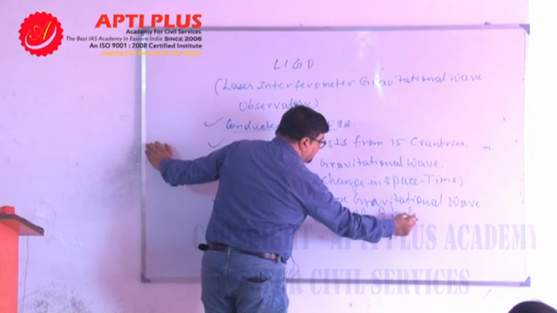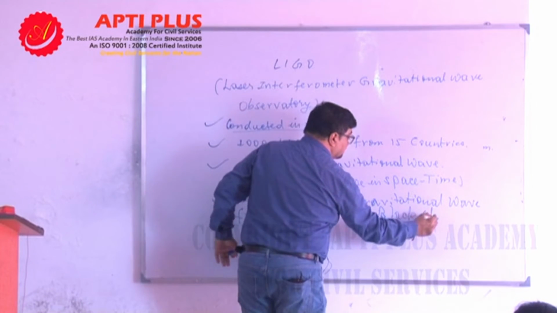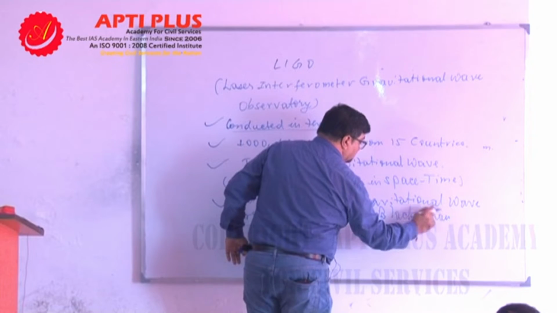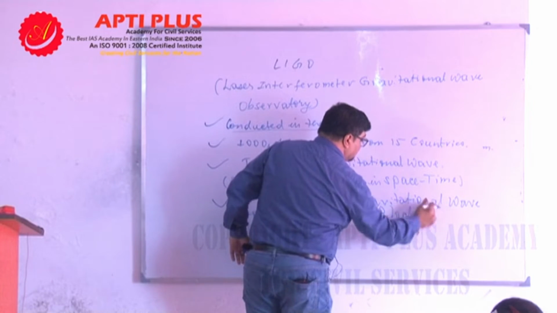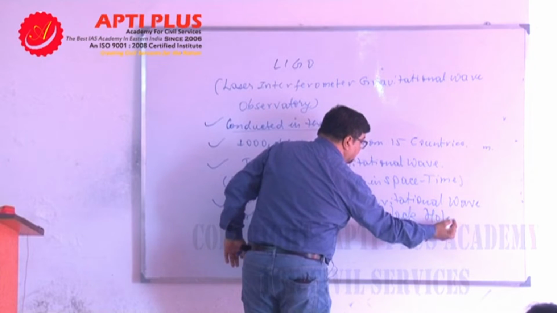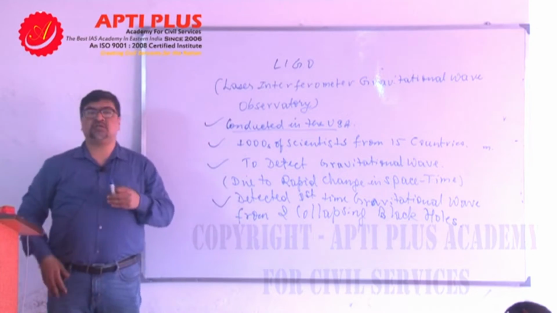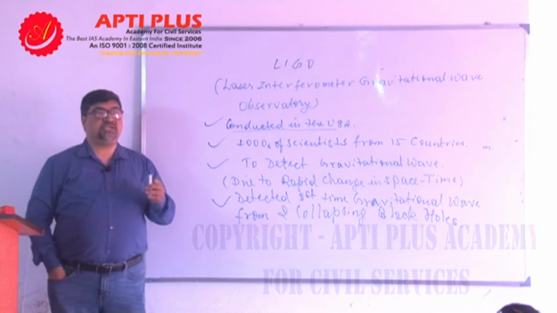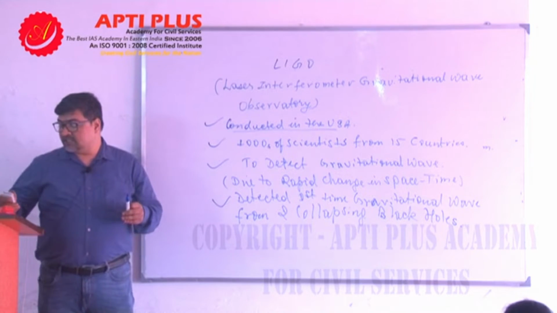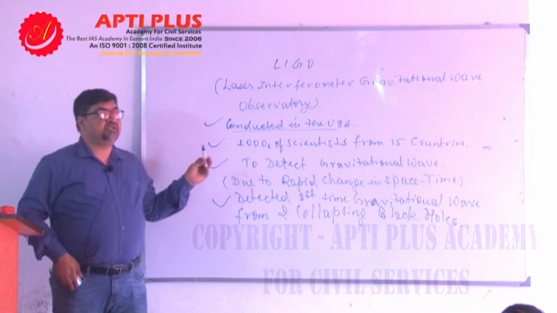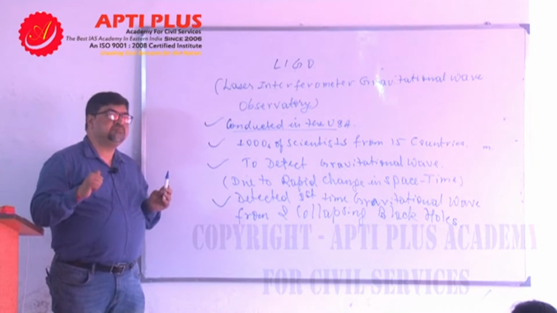Any big change that happens in nature, black holes, any big event in the universe, a supernova, exploding stars, when the stars explode, there will be change in space and time, and that change in space and time will cause the gravitational wave.